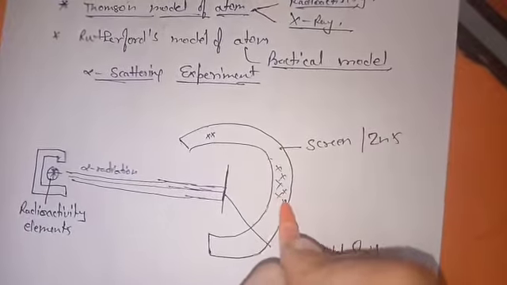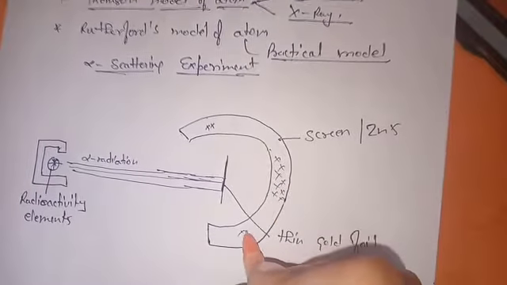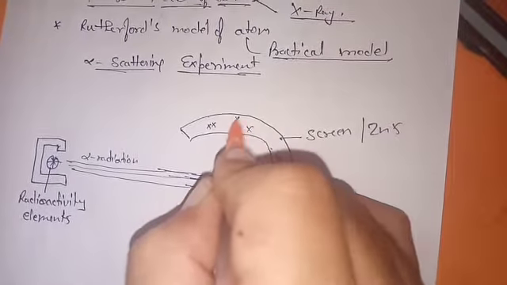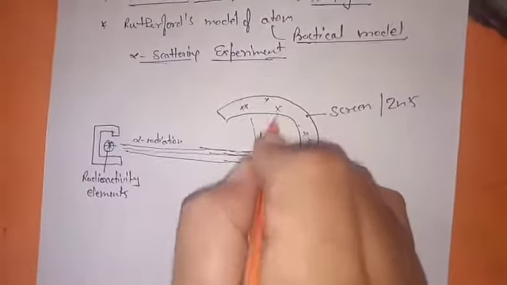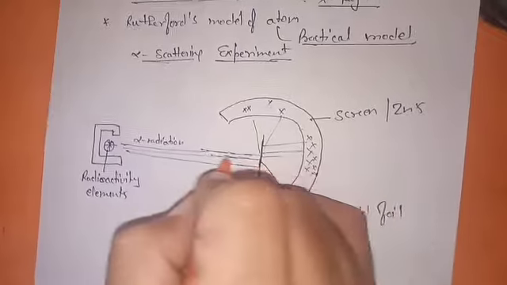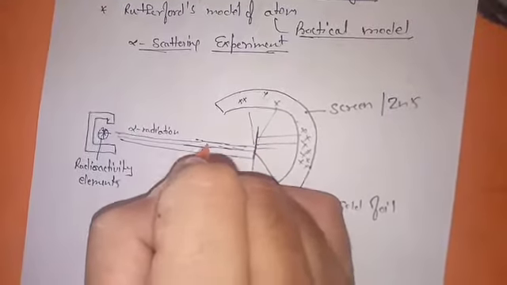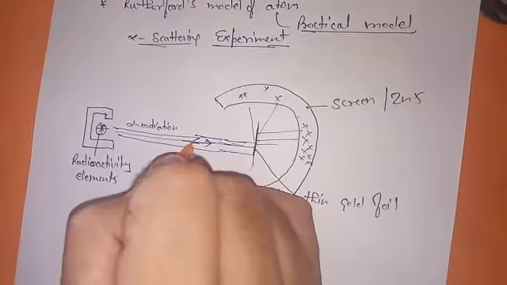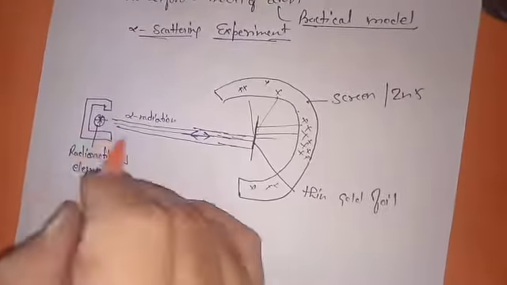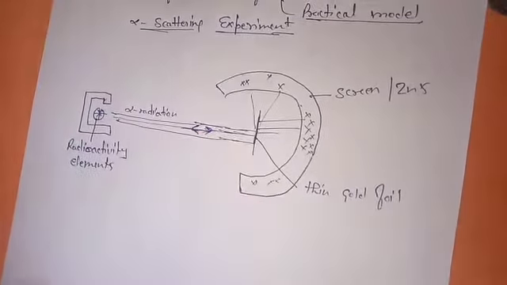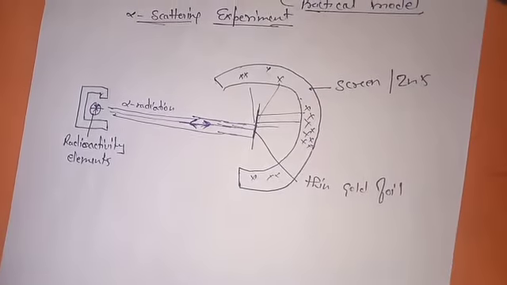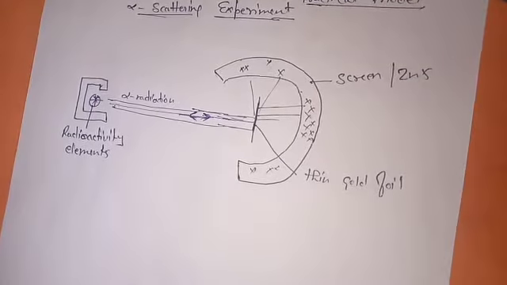Over here a little bit more spots, but in this direction the spots are fewer, because the radiation gets deflected and passes through. Only one particle you will see in this direction. Let's see what he concluded from this experiment.